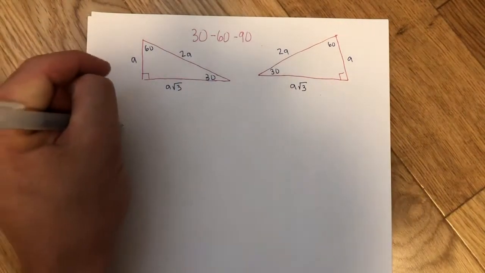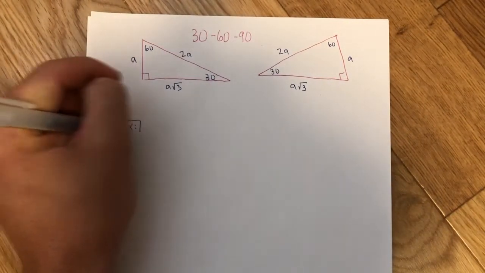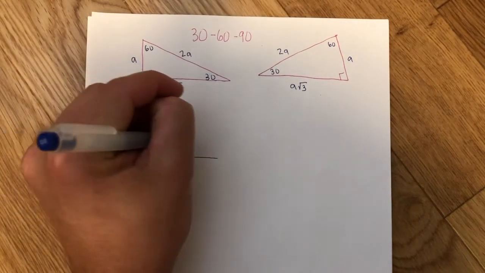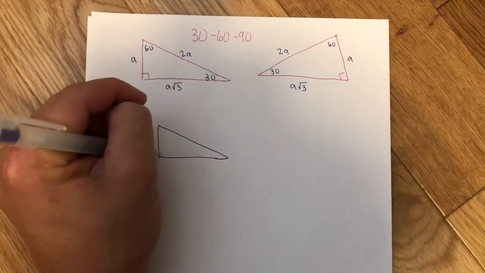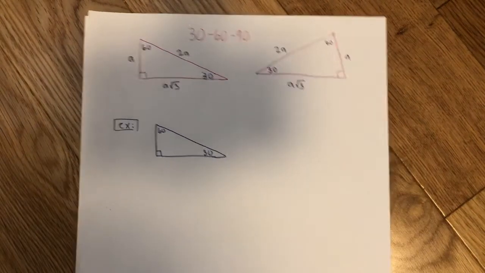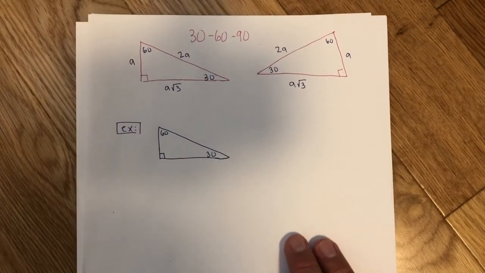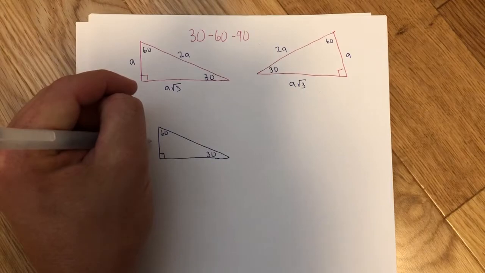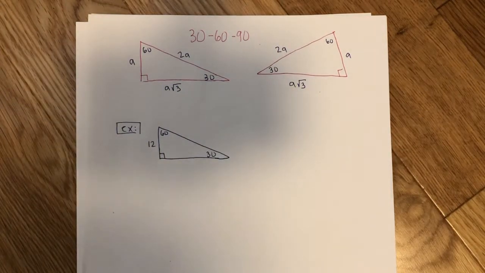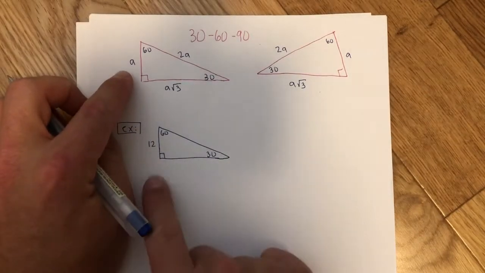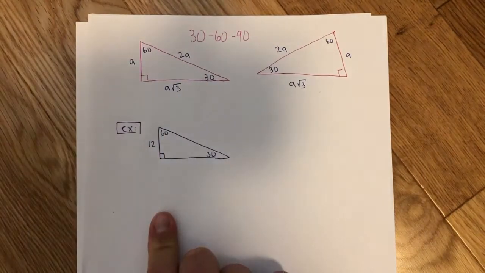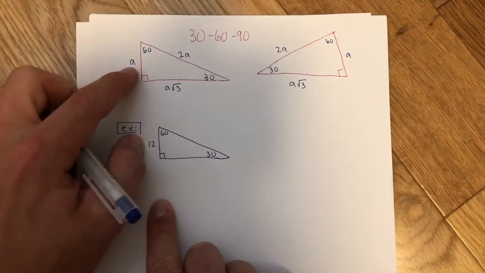If they give you, as an example, a right triangle like this one with a 60, a 30, and a 90, well, let's do the easy version first. Let's say that they give you this side, it was 12, okay? If you're given a test or homework, draw this at the top and then just compare sides to each triangle.